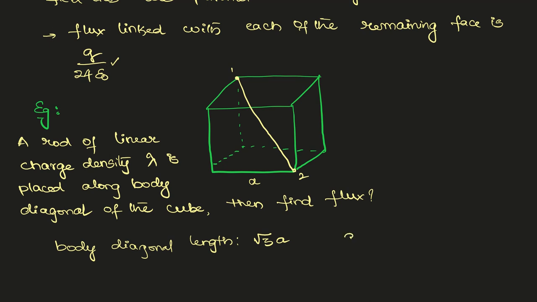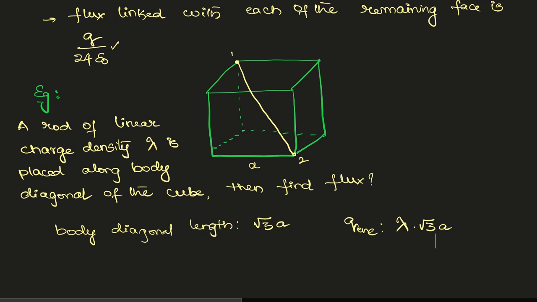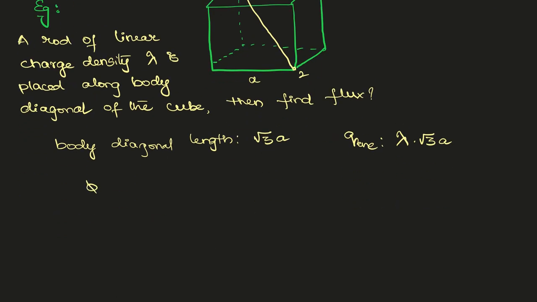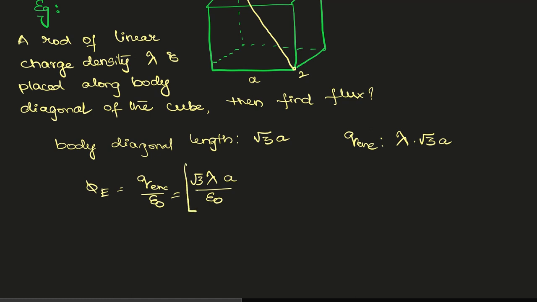Then the charge enclosed will be linear charge density into length root 3 a, so the flux linked will be charge enclosed by epsilon naught, that is root 3 lambda a by epsilon naught. So you can expect some questions like this also.